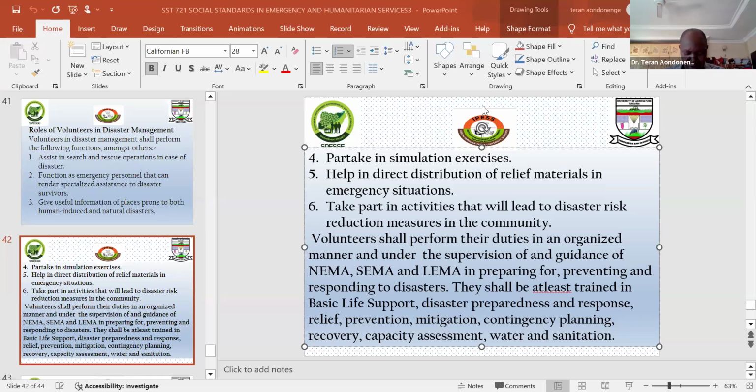Who also wants to contribute on the role of volunteers? Role of volunteers in disaster management. Most of us are part of the volunteers in disaster management, and all of that, we contribute. So we can decide to also be part of volunteers.